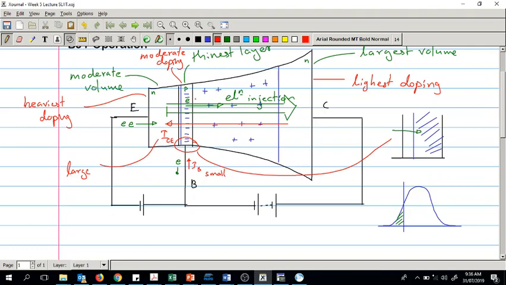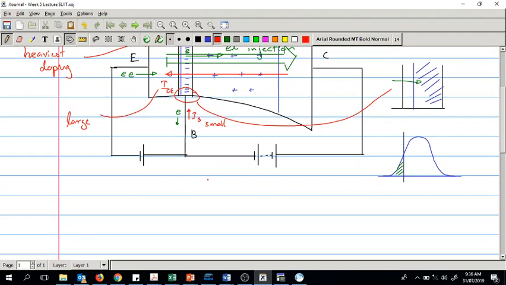So the depletion layer penetration X of the base at the base-collector PN junction is much smaller than the X of the collector at the BC junction.